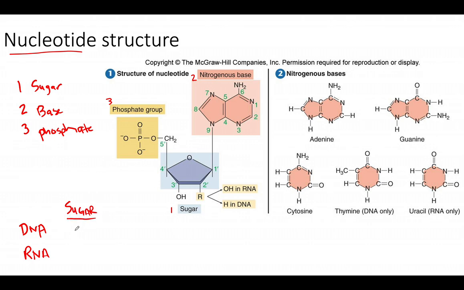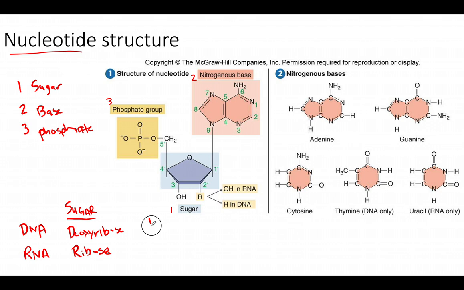The sugar differs between the nucleotides for DNA and RNA. The sugar in the nucleotide to build DNA is called deoxyribose. And the sugar in RNA is not deoxyribose, but rather it is ribose. So that's one difference between them.